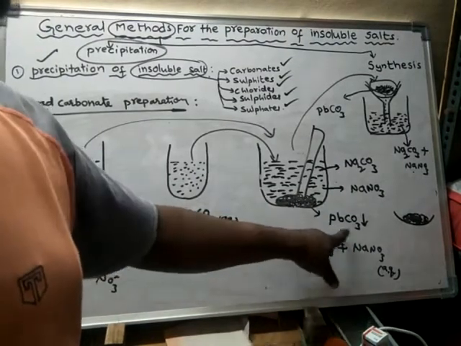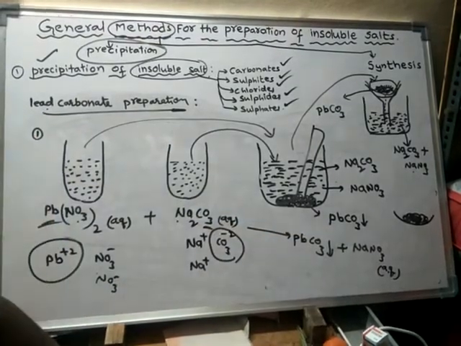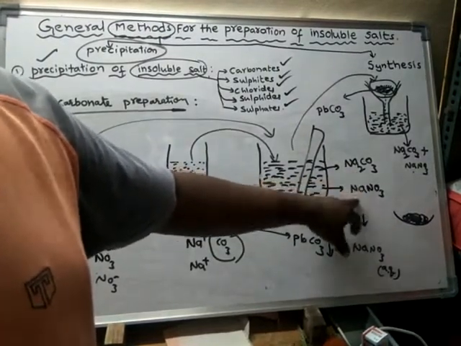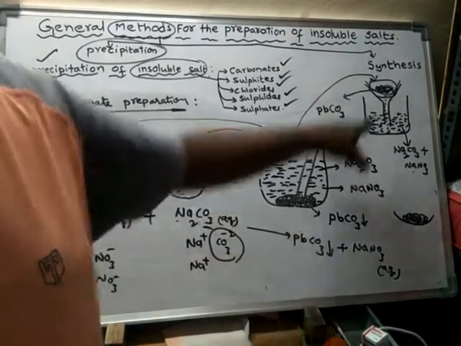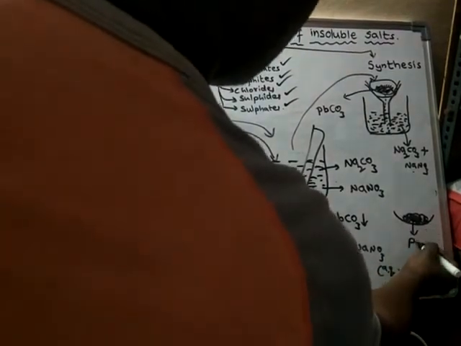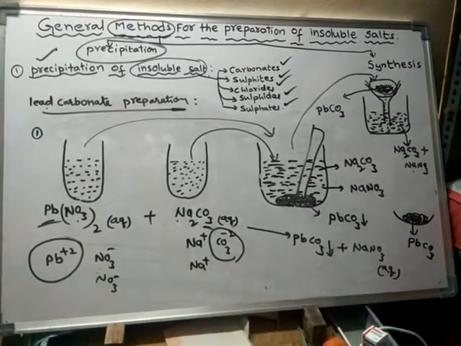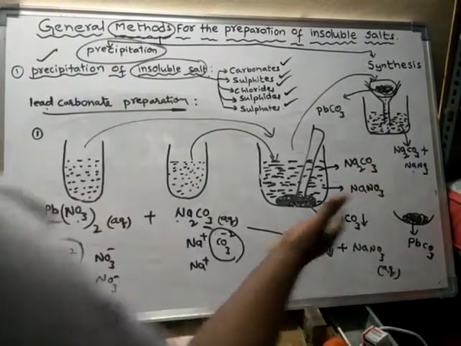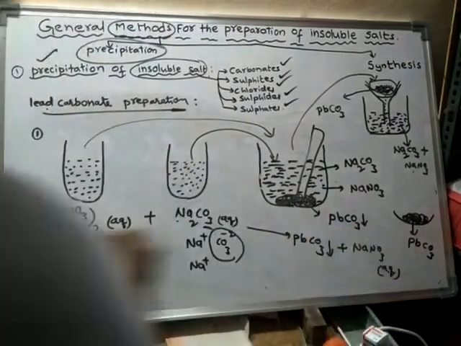We want the prepared insoluble salt in pure form. Hence, in order to remove the impurities which stick to this lead carbonate, just wash this lead carbonate with distilled water. After washing, anything stuck to the lead carbonate is washed away, and finally you will get pure lead carbonate.